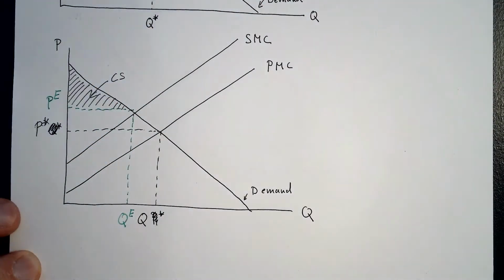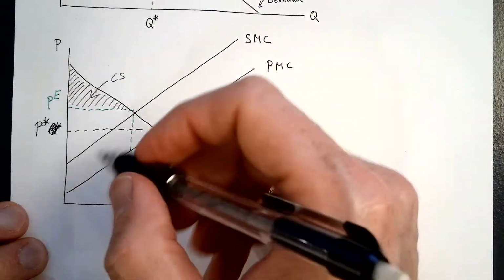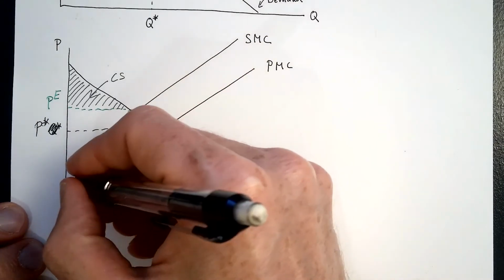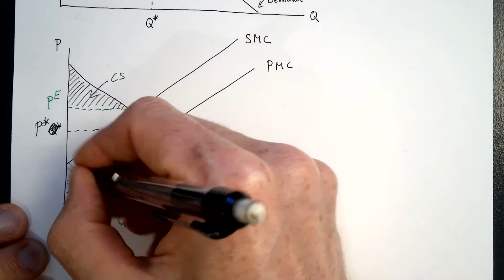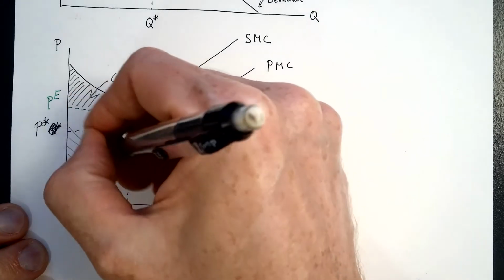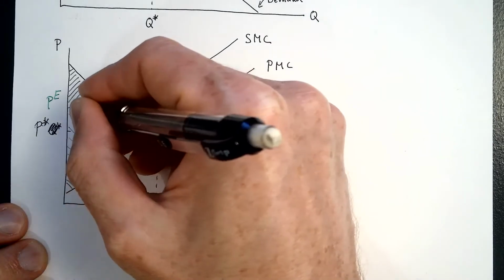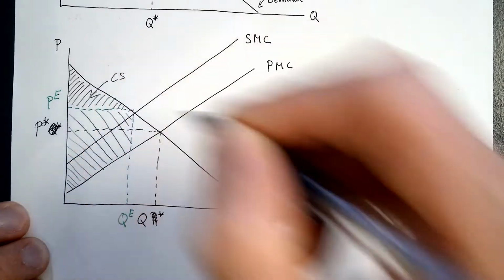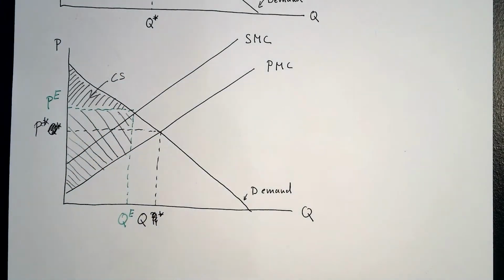Then we also have the producer surplus, which let's say is the area here, underneath the price and above the private marginal cost.